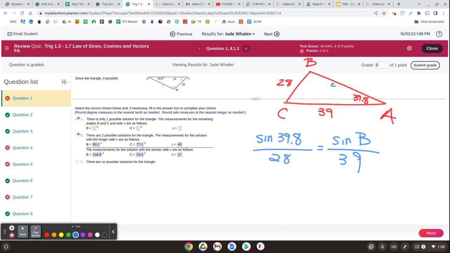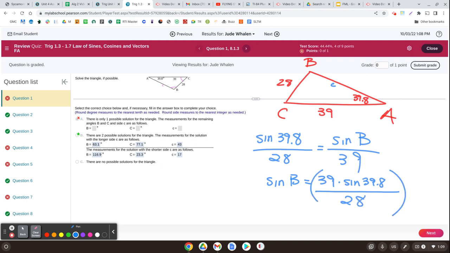Okay. And so here's where I go next. I'm cross multiplying and then dividing all in one step. So sine of B is going to be 39 times the sine of 39.8 divided by 28.